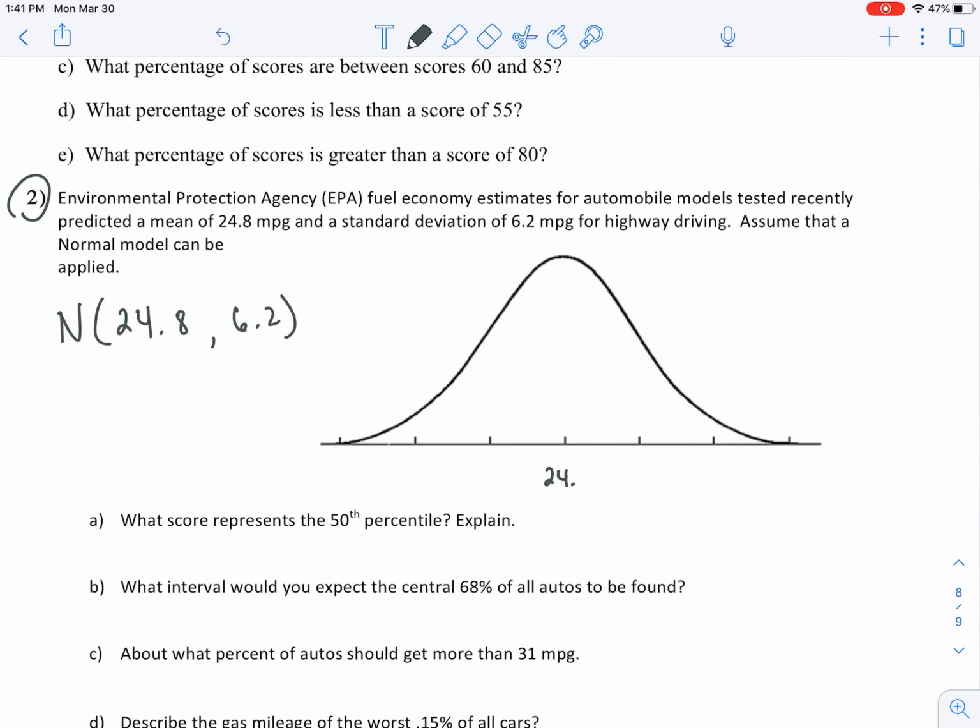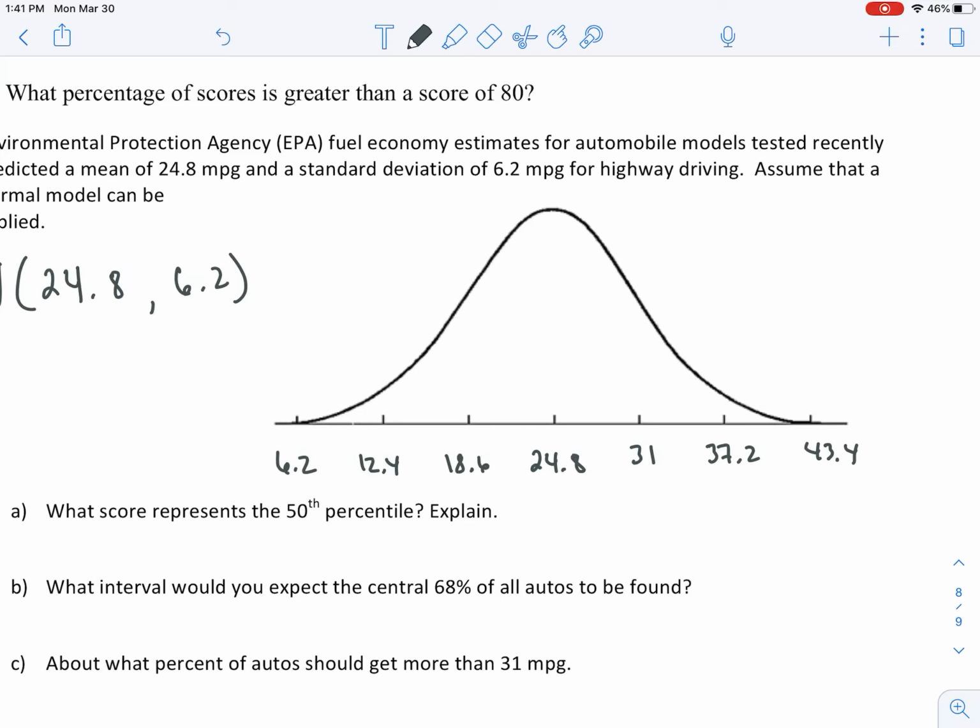The mean is 24.8, and I'm going to go plus 6.2, plus 6.2, plus 6.2. And then I'm going to go minus 6.2, minus 6.2, minus 6.2. And that represents the distribution of my model.